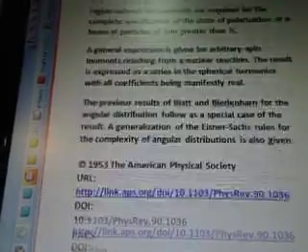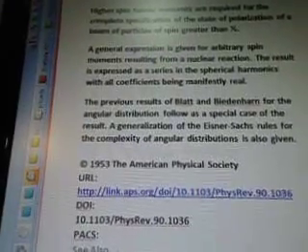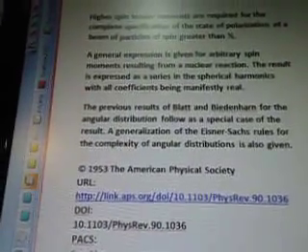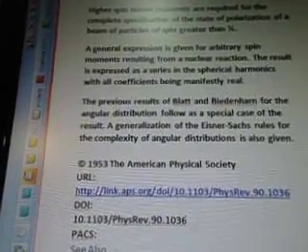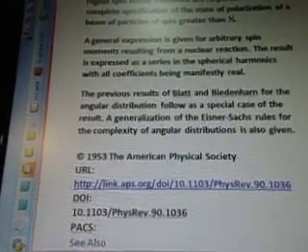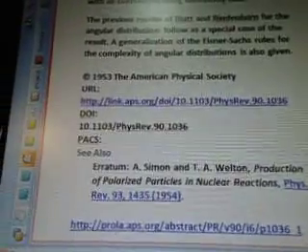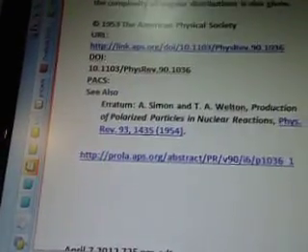The previous results of Blatt and Biedenharn for the angular distribution follow as a special case of the result. A generalization of the Eisner-Sachs rules for the complexity of angular distributions is also given. Again, this is an article from 1953. This came up in the Wow Seti signal.